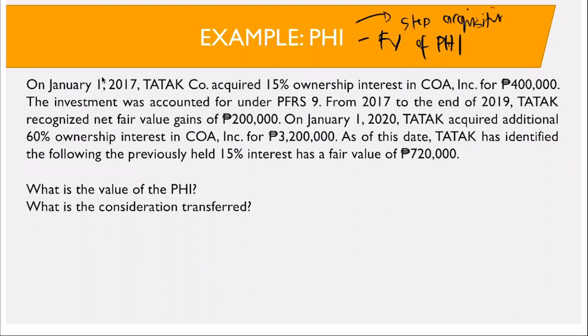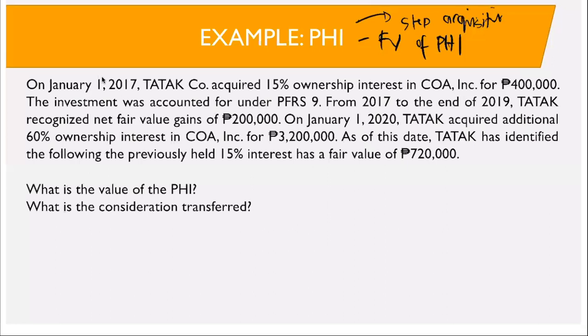A step acquisition happens if ever, guys, that we have previously held an interest, and then we purchase another interest which gives us control. So let's have an example. On January 1, Tatak acquired 15% ownership in COA for 400,000.